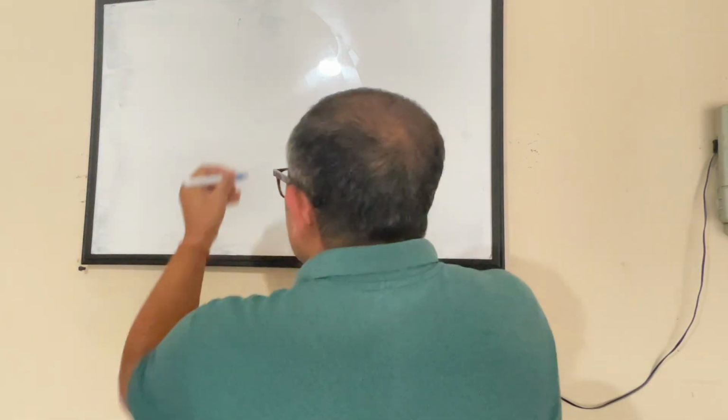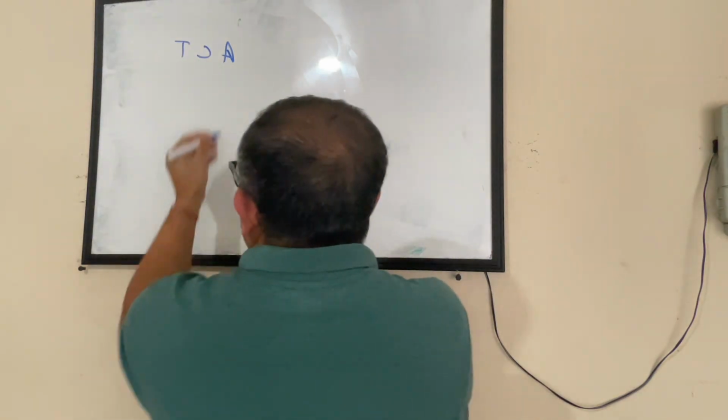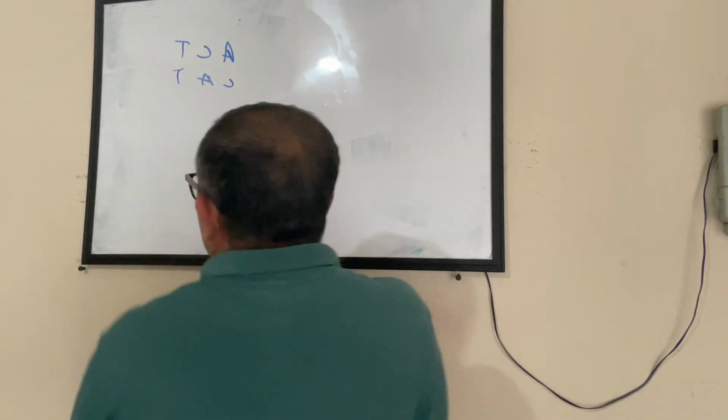So, a summary of permutation: when you have a few things to arrange, when the order among them matters, that is permutation. When you talk about combination, you're talking about distinct things in a group, but what doesn't matter is the order between them. If I'm talking about permutation, then these two are different things.